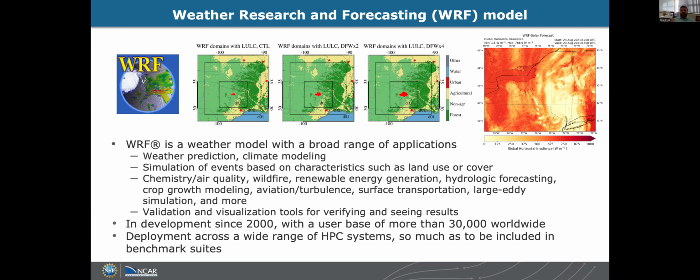So there have been a lot of different funding agencies that have contributed to the development of this model. And now it has a user base of more than 30,000 registered users worldwide.